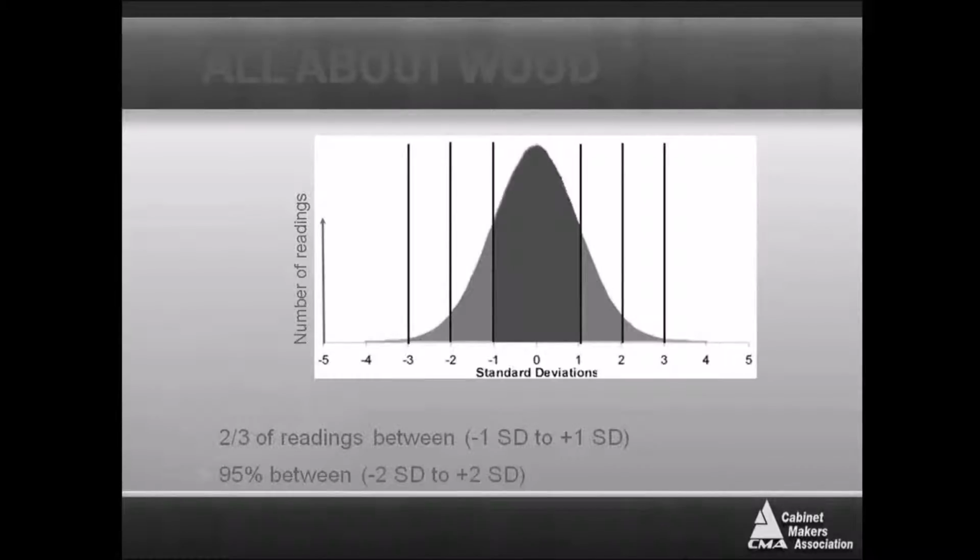And you can see here, if we come up with that standard deviation number, plus or minus 1, we're actually going to include 2/3 of the readings between -1 and +1 standard deviation. Okay? And then we're going to get 95% within plus or minus 2 standard deviations. Okay?